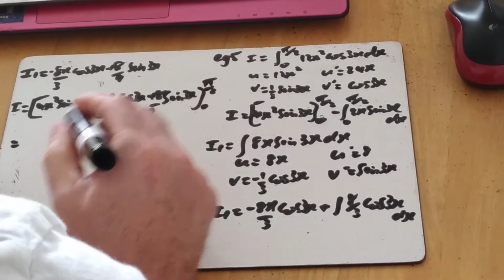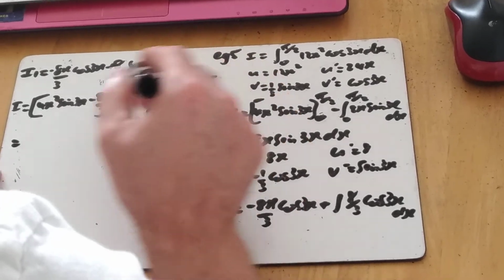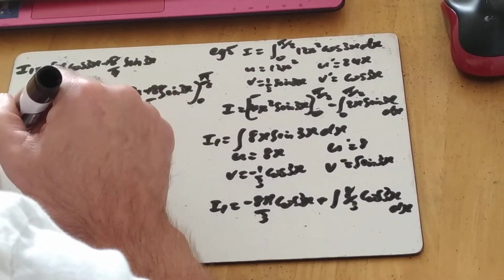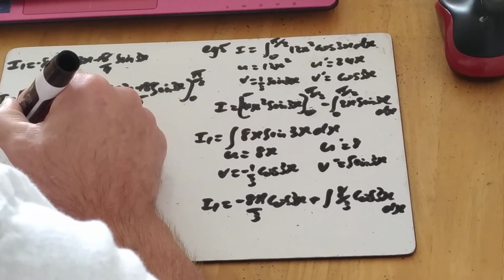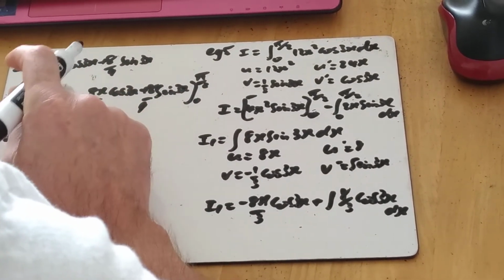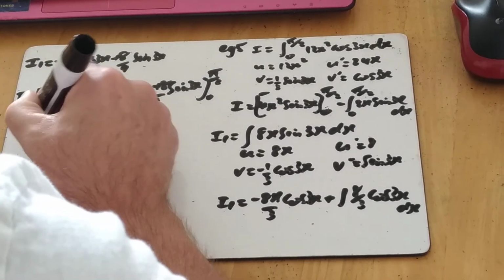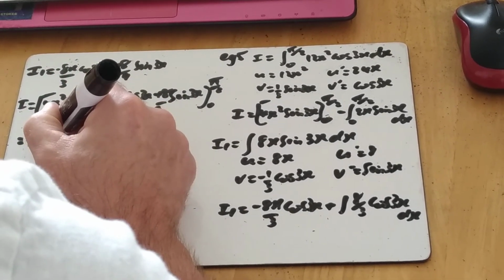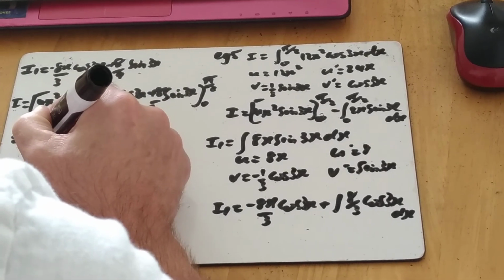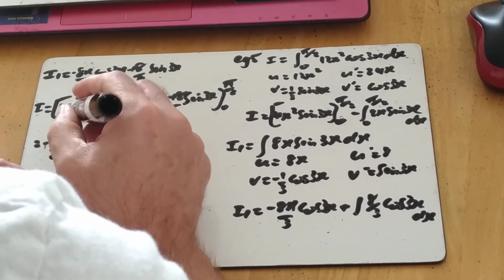So let's have a look what happens when I put pi over 2 in. Pi over 2, sine 3 pi over 2, 270, minus 1. Gosh, so I get 4 minus 4 pi squared over 4. And that's cancelled out there.